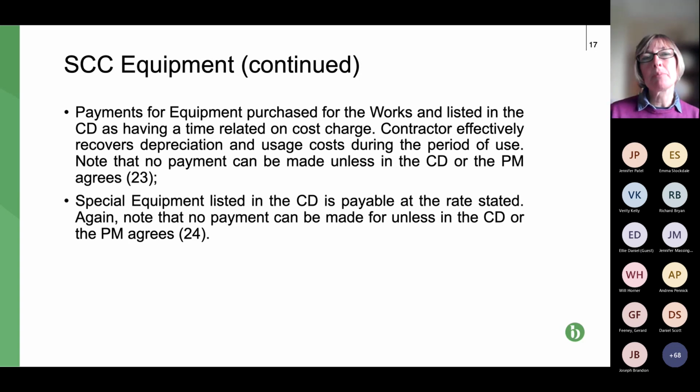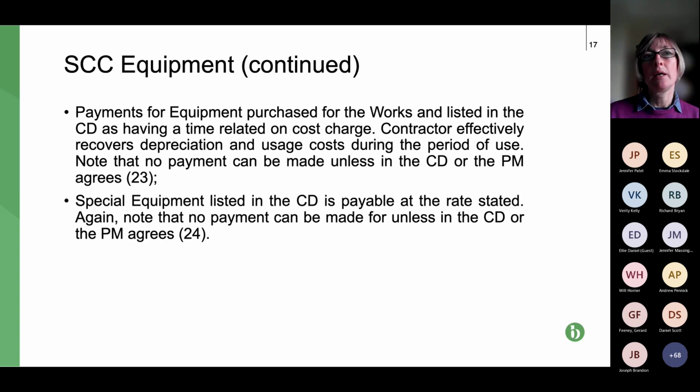Also, the second bullet point relates to special equipment. So this would include items that aren't included in any lists in the contract data. And there's a part of the contract data that allows you to list special equipment and what would presumably be special rates for circumstances where that special equipment is used.